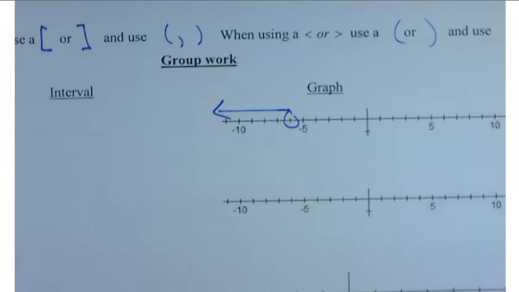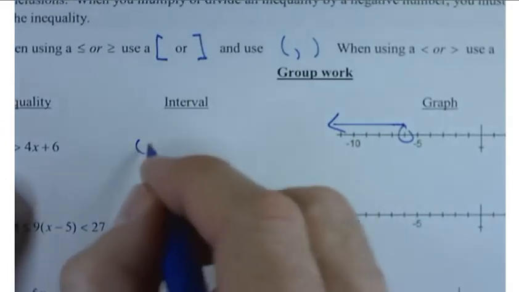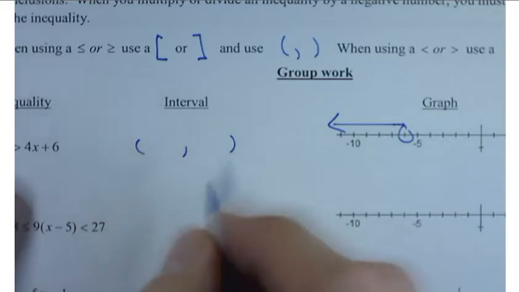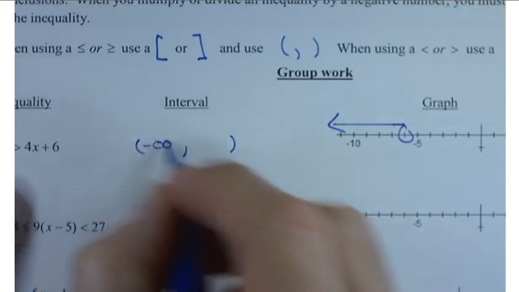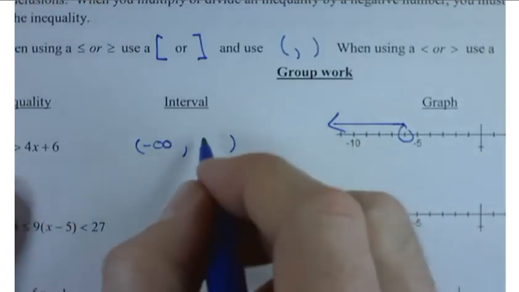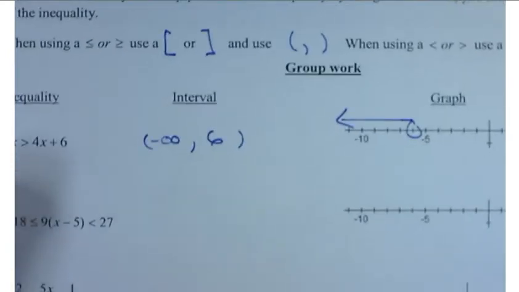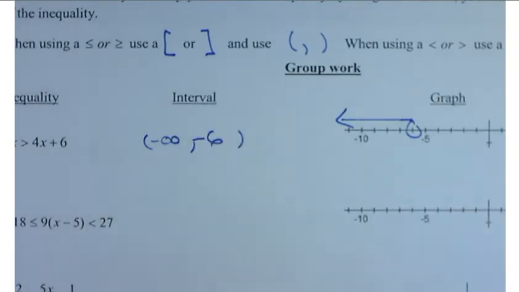What interval goes with it? Okay, good, except we need to list it in the other order. It's always the left-hand endpoint, then the right-hand endpoint. So negative infinity to negative 6, sorry. Thank you. Cool. So left-hand endpoint to right-hand endpoint.